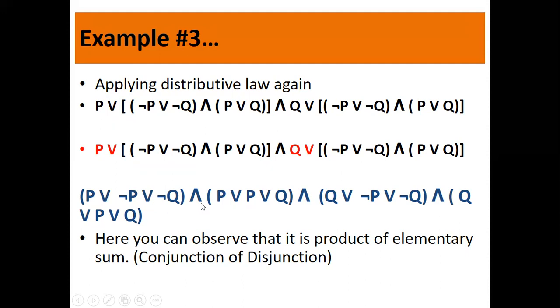These are the elementary sums and this is the product. So it is a product of elementary sums, and in our way it is a conjunction of disjunctions. I hope the concept is clear. Thank you. So here we have completed all the normal forms, and next we'll talk about inference techniques.